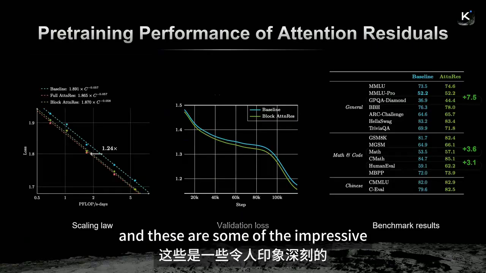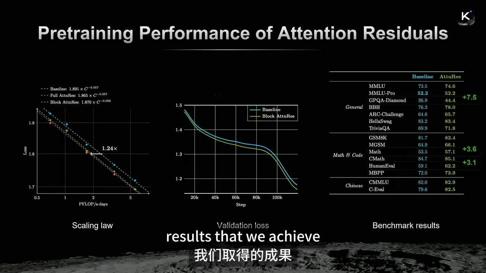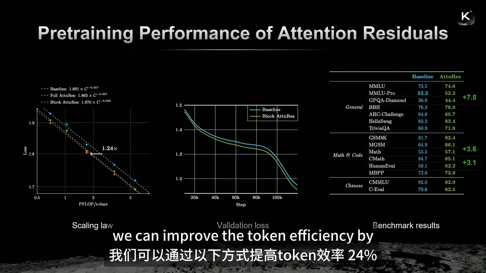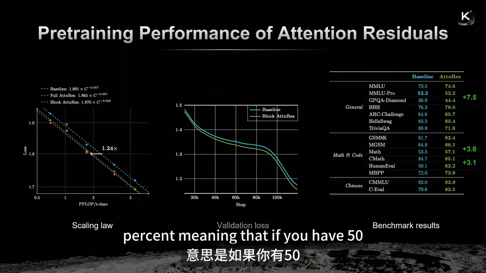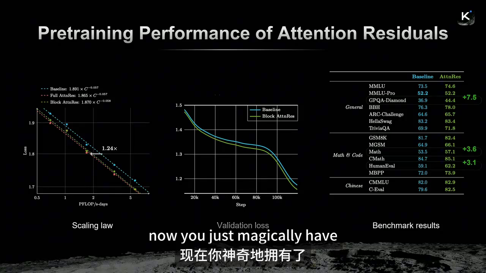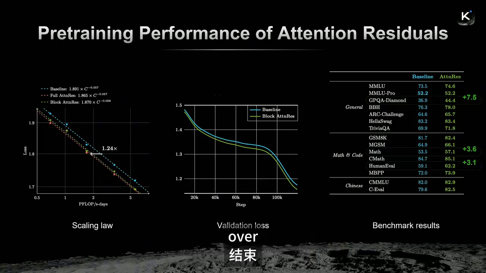And these are some of the impressive results that we achieved on this new architecture. On the scaling law, we can improve the token efficiency by 24%, meaning that if you have 50 trillion high-quality tokens, now you magically have over 60 trillion tokens.